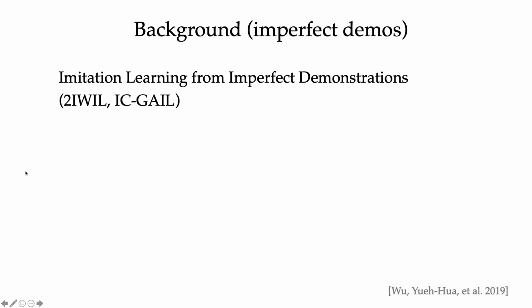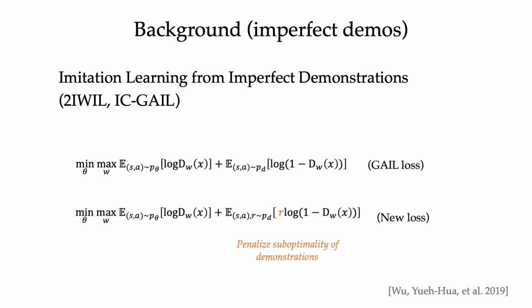There is also work that is focused on learning from imperfect demonstrations. These works adopt a similar formula to GAIL but add a confidence weight here to model the optimality of demonstrations. Here, P theta is the distribution of the policy, Q is the distribution of demonstrations.